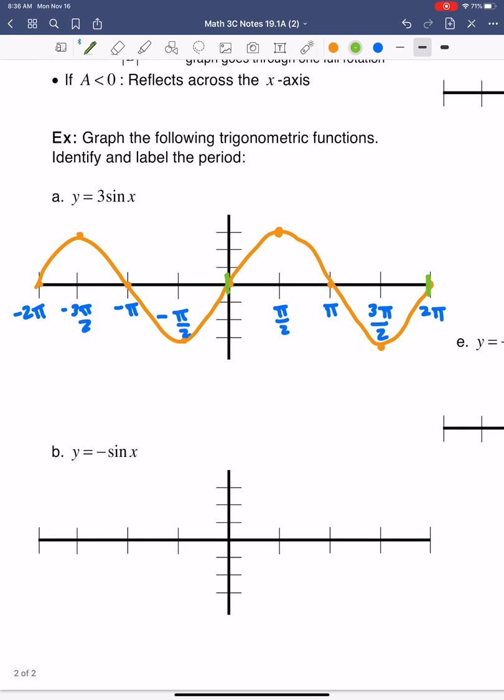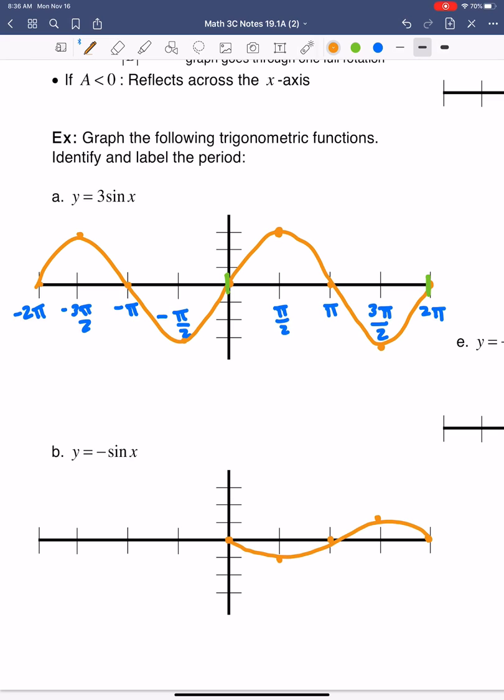If we get to letter B, it's going to be the same idea here, except this one, instead of going up to start, since it's got the negative sign in the front there, this is going to end up going downwards first. So I'm still going to start at 0, but then I'm going to go down to 1, up to 0, then up to 1, and then back down. So it's just the opposite.